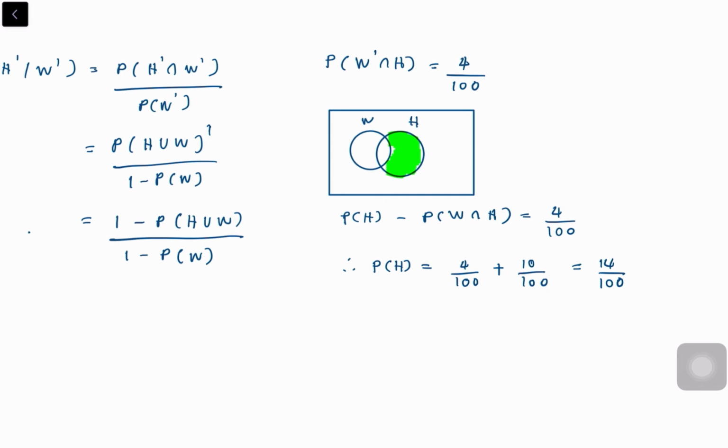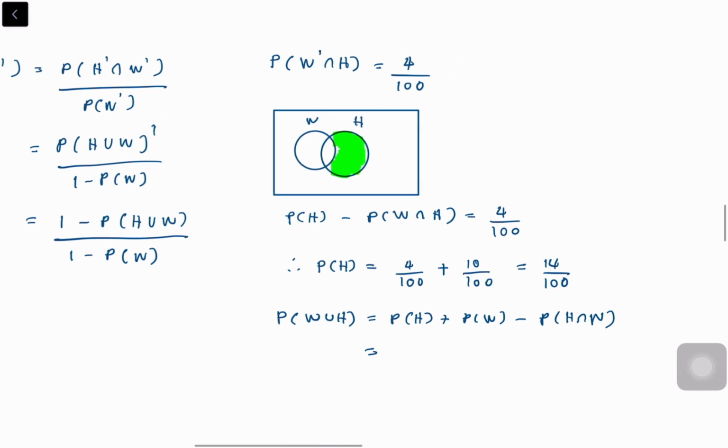From here we can find the probability of W union H, which equals the probability of H plus the probability of W minus their intersection.